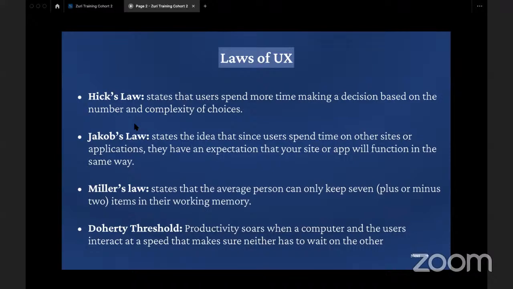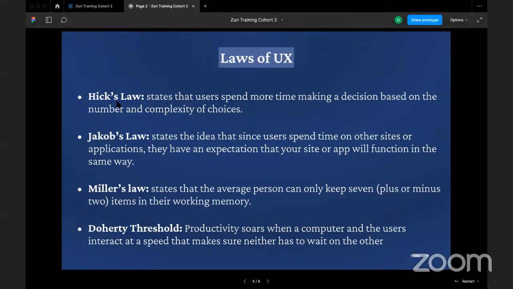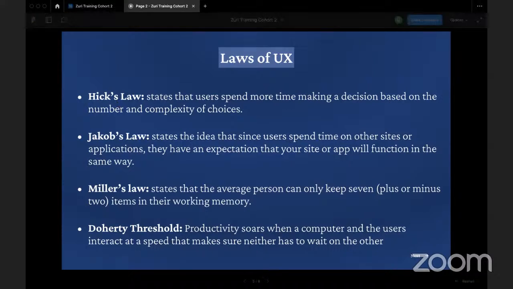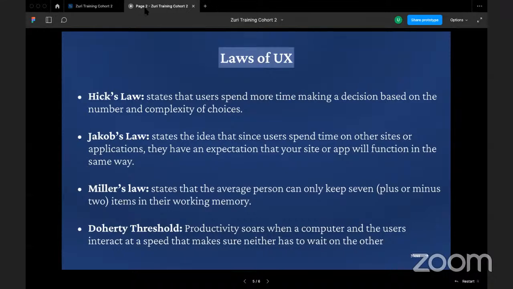Somebody said, what about Apple? Clearly they have been ignoring Jacob's law from the remote control to their mobile smartphone and everything else. What exactly have they been ignoring on the mobile smartphone? What law? Is there a different experience?